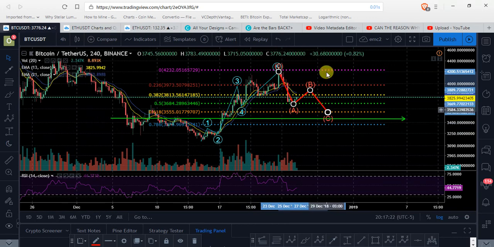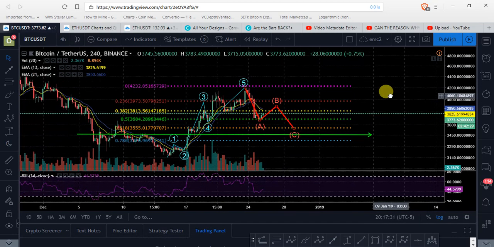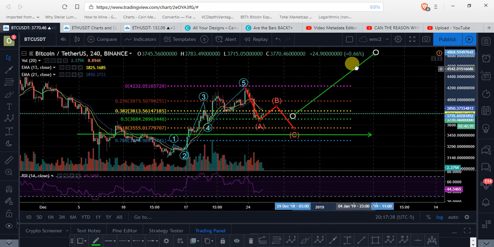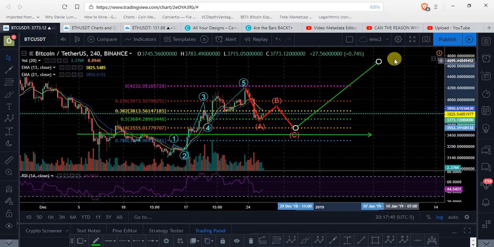The worst case scenario is to come back just like Ethereum, test this 618, and then we're going to get this 1-to-1 extension. Another 1-to-1 extension from this point on is almost at the same price.